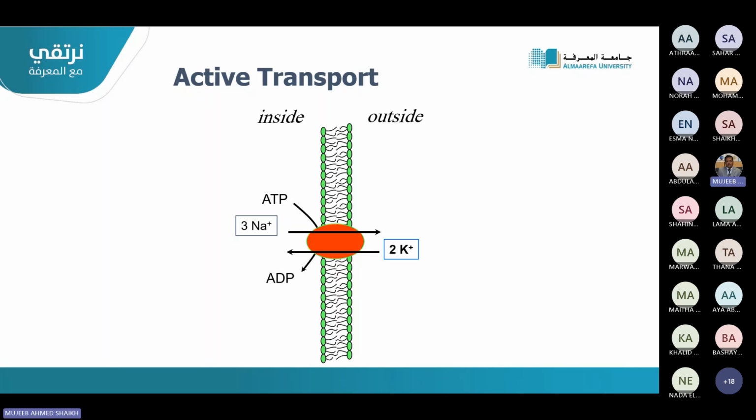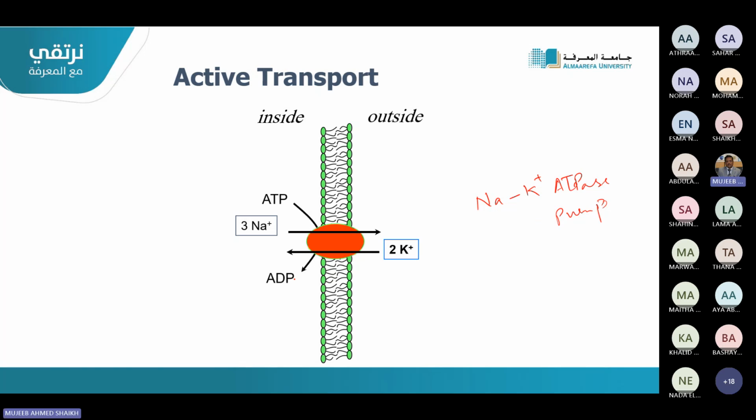Now, why does it happen? Why does unequal distribution happen? Because of, the most important one, the sodium potassium ATPase pump. Because of this pump, unequal distribution of the ions occurs.